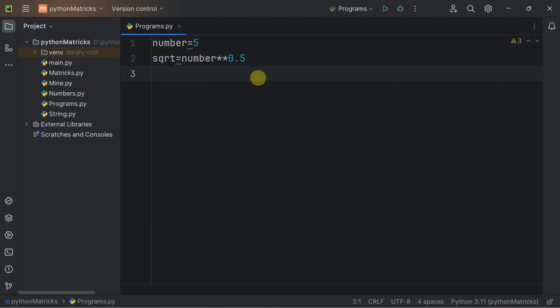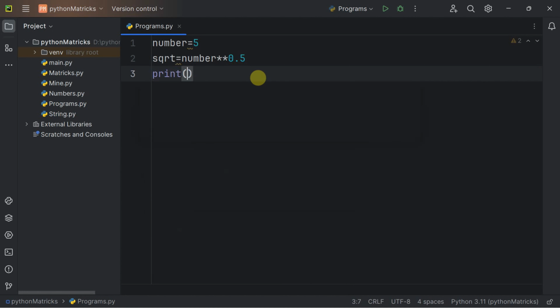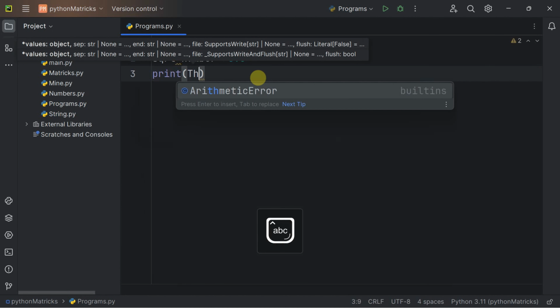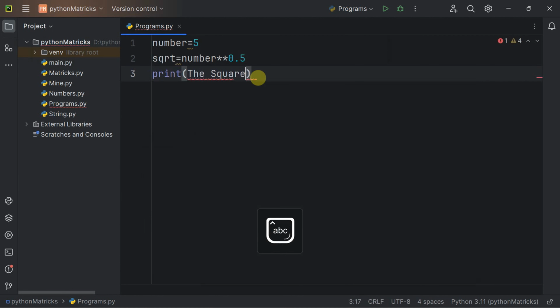Now we are going to print the square root. Let's display the square root. Print, the square root of, let's use a placeholder.